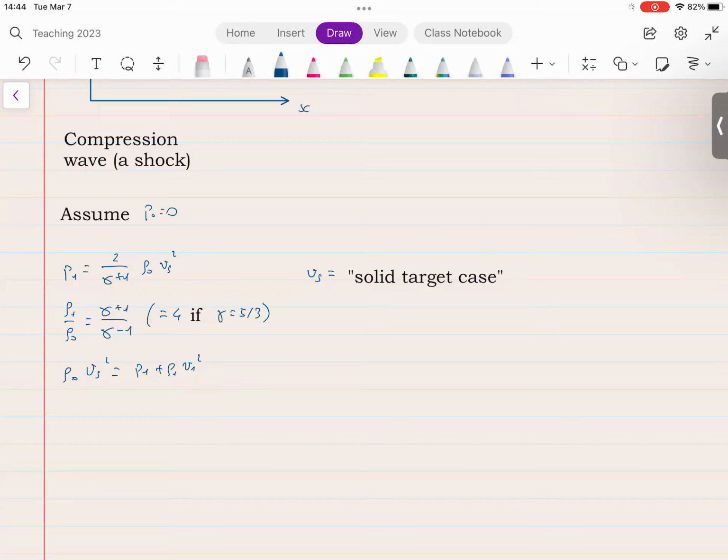Okay, that was the simplest idea. Now we have our next option. We're going to use a more complicated target.